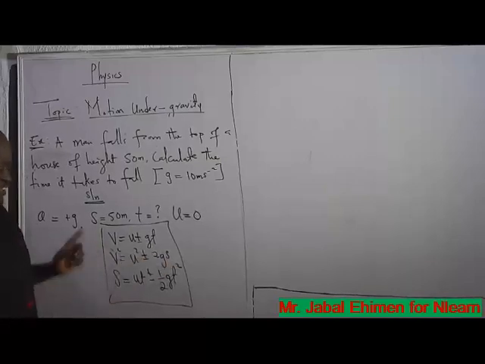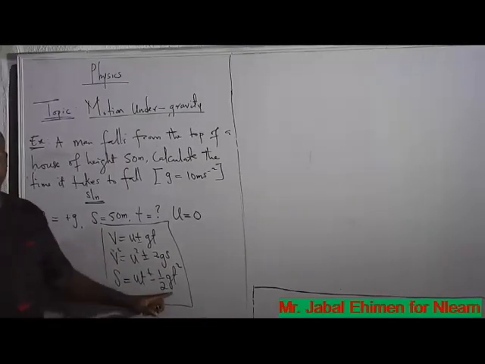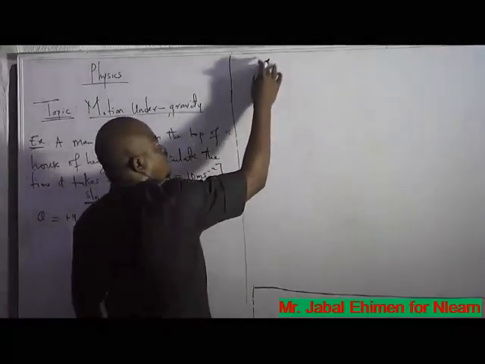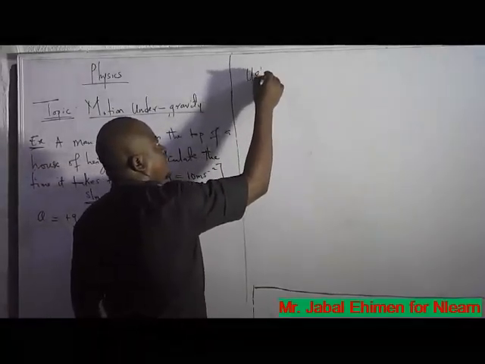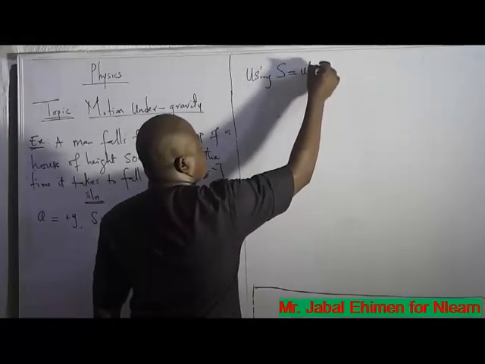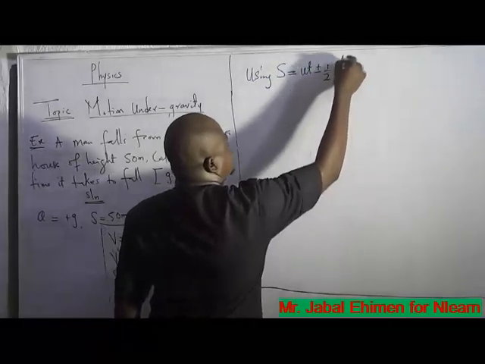But the only equation that satisfies it is this particular equation, which has the value of s, has the value of u, has the value of g, and has the value of t. So because of that, I will say using s is equal to ut plus or minus half gt squared.